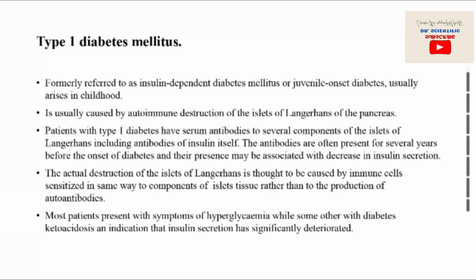Autoimmune is when the immune system malfunctions and mistakenly breaks down and destroys its own cells and tissue.